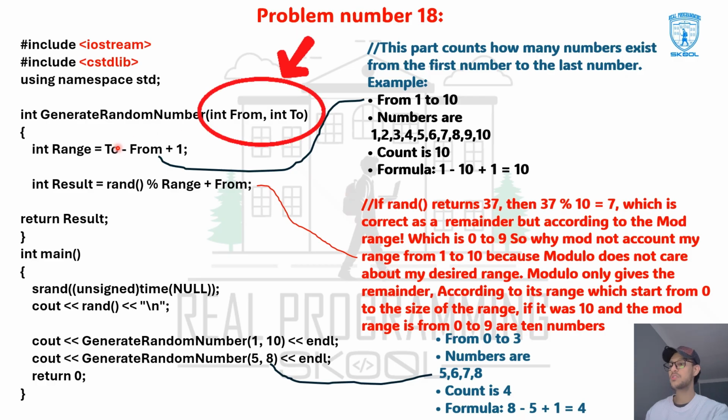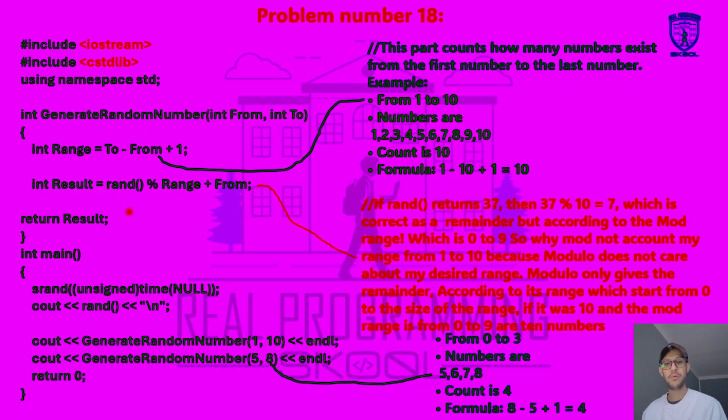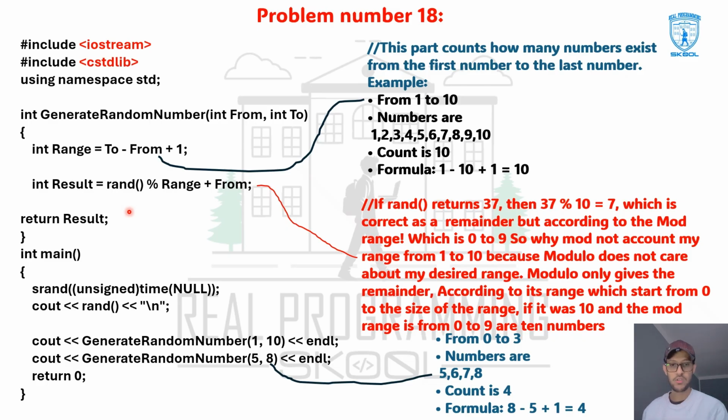That's why I always use the names of the variables, and I also add 1, because when we come here we say integer result equals rand mod range. For example, the rand built-in function returns a random number according to its range, which starts from 0, focus here, starting from 0 up to 32,000.